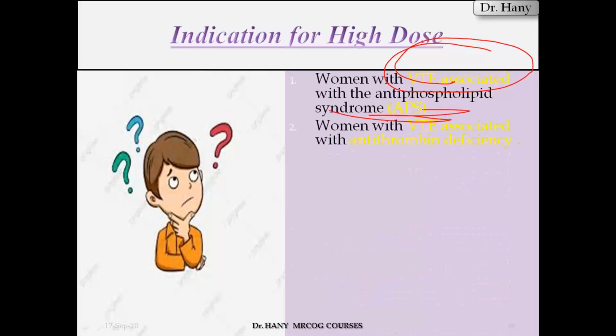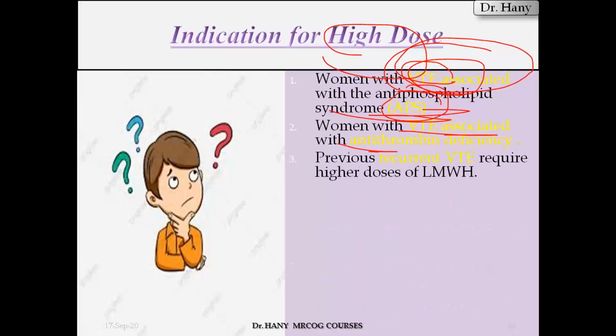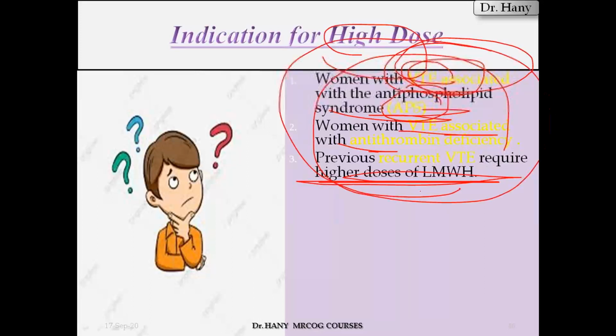So you need a history of VTE plus antiphospholipid syndrome and a history of VTE plus antithrombin deficiency to prescribe a high dose antenatal and 6 weeks postnatal. And the third indication is recurrent VTE, which requires a higher dose of low molecular weight heparin. These are the 3 indications only to offer high dose antenatal and 6 weeks.